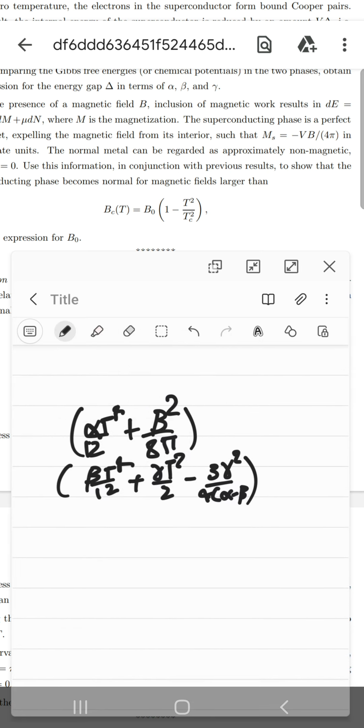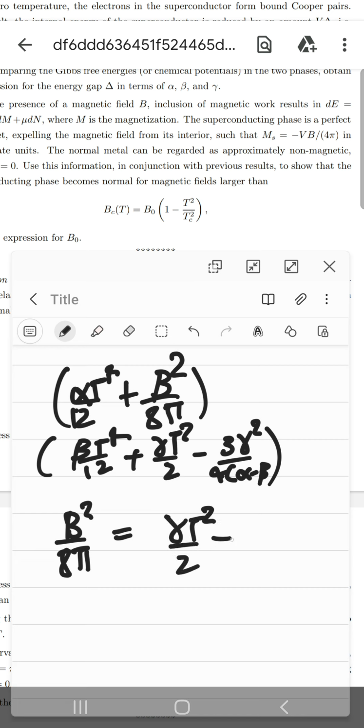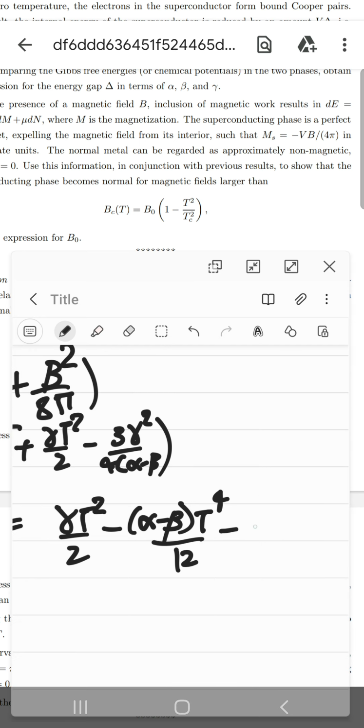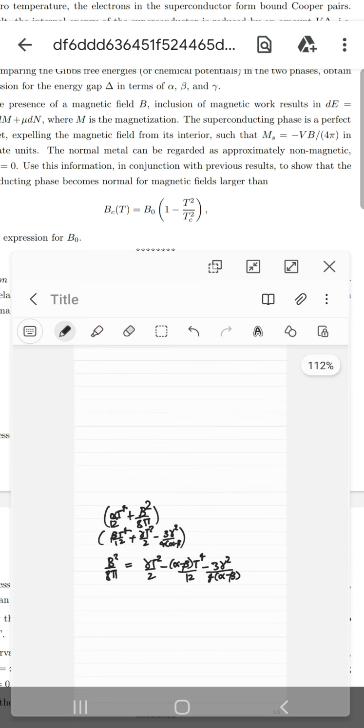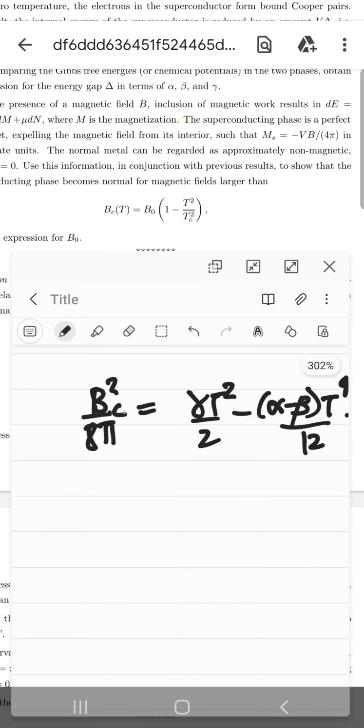So equate these two, and what you get is that B square upon 8 pi is equal to gamma T square upon 2 minus alpha minus beta T power 4 upon 12 minus 3 gamma square upon 4 times of alpha minus beta. So at a given temperature, this is what's going to happen.